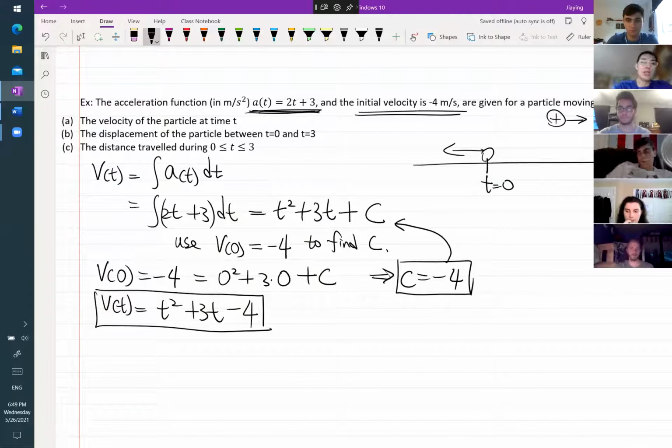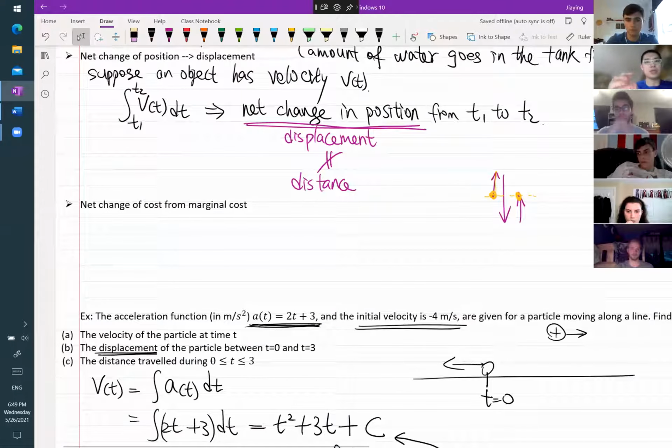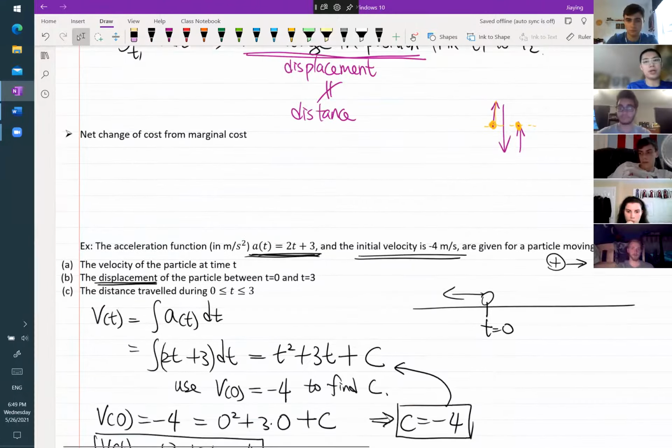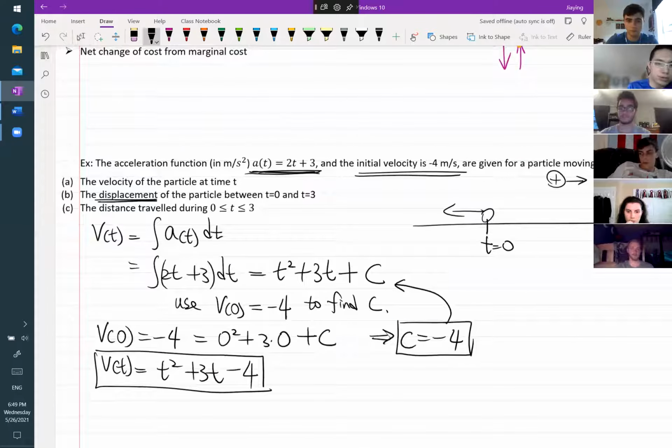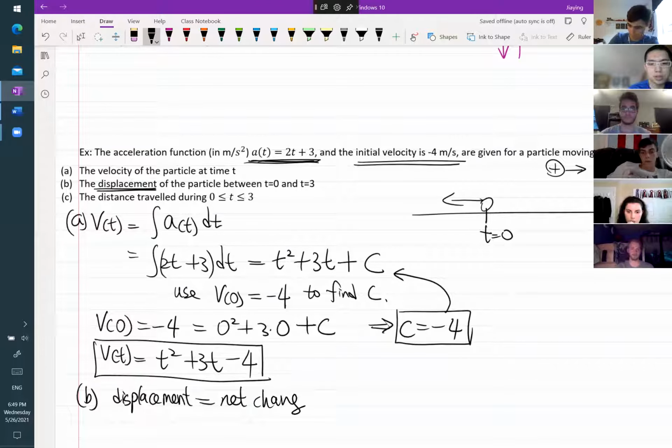Okay, the next part is we want to know the displacement of the particle. So the displacement, like I said earlier, is equal to the net change in position, right? So to find displacement, that's equal to net change in position.